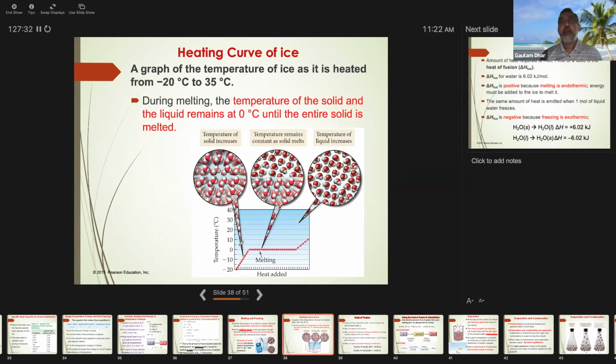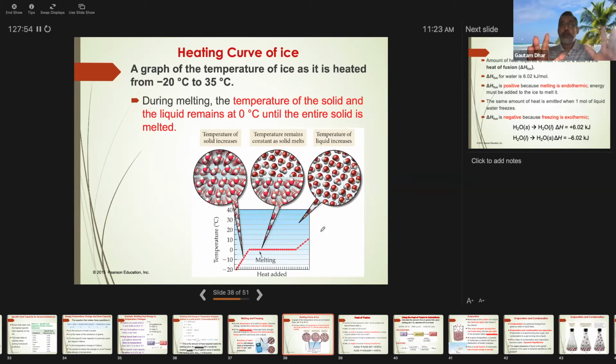And then when all the ice has melted, everything is water now at this point. And so the temperature will start rising and can go all the way up to 100 degrees centigrade, when it will start to boil. When it starts to boil, again, the temperature will become constant.